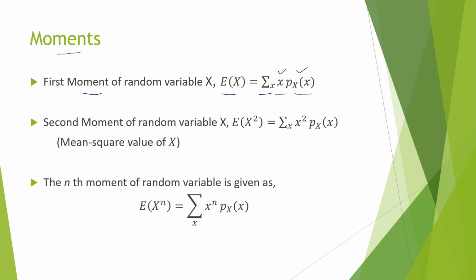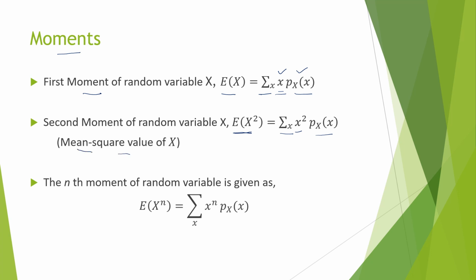Similarly, the second moment of a random variable is E[x square]. Second moment means x to the power 2. Therefore it is given as, in place of x we keep x square, sigma x square p_X(x). As we are finding the mean value of x square, it is also known as the mean square value.